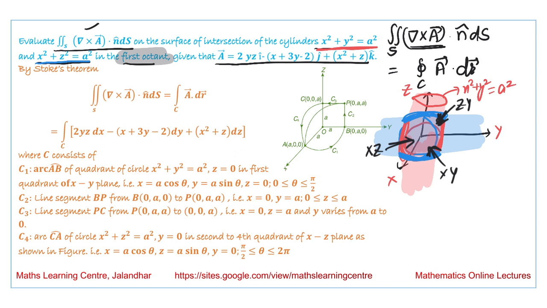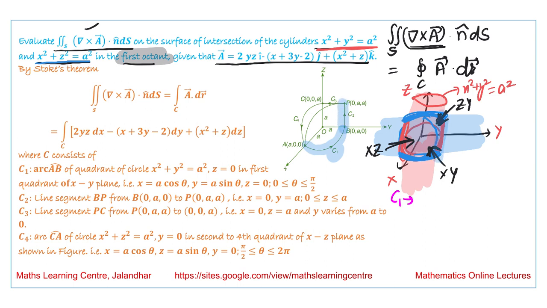So if we talk about the bounding curves, we have the first curve, C1. It is the arc in this figure, the arc corresponding to this circle AB. We are saying it is C1 over here. Then we have the line segment BP.